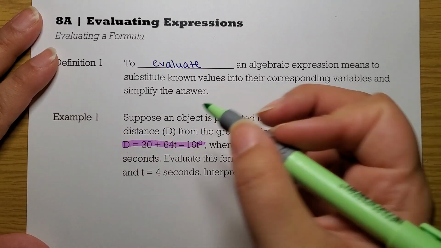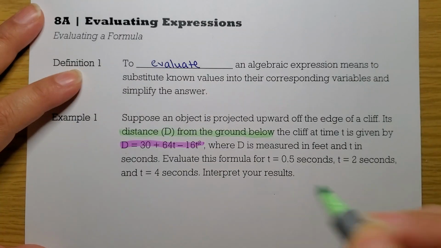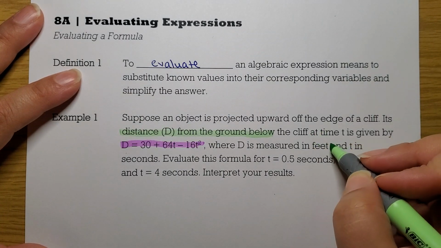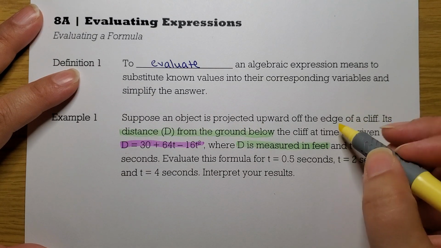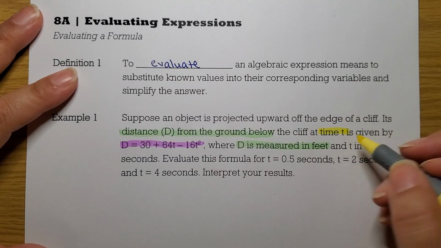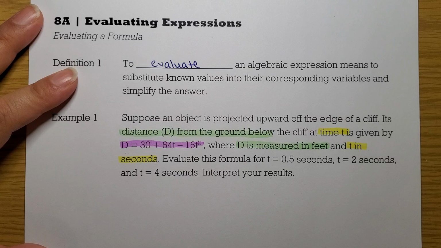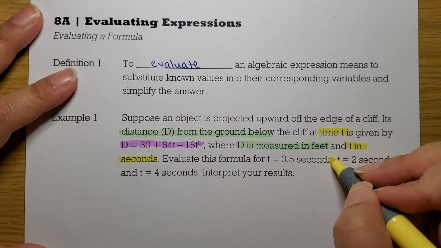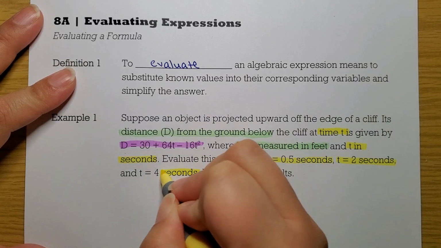So we have distance d from the ground below. And then it also said d is measured in feet. And then we have at time t, and t is being measured in seconds. And then we're evaluating this formula for half a second, 2 seconds, and 4 seconds.